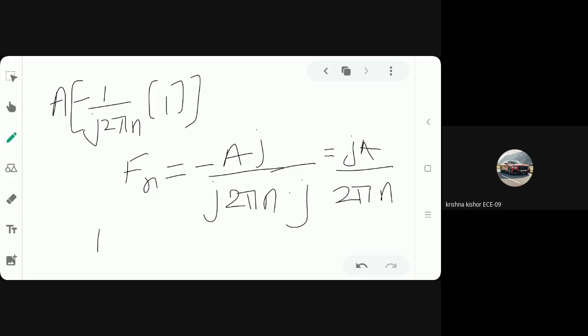So what will be f minus n equal to? Simply you have to put in place of n, minus n. So minus ja by 2 pi into minus n. Understood?